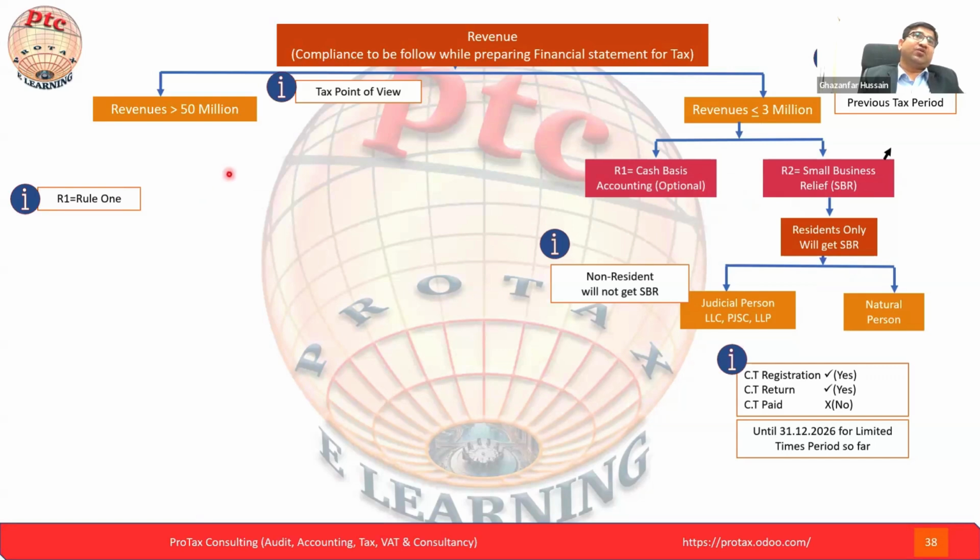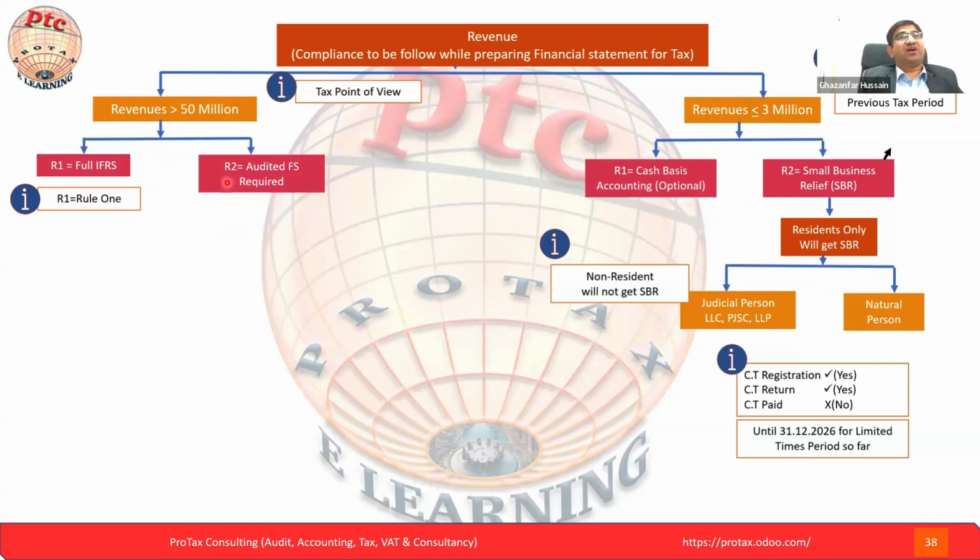Now if our revenue is greater than 50 million, what will be the impact, or what are the conditions that we have to see? If revenue is exceeding, rule number 1, we have to follow full IFRS. Rule number 2, we require the audited financial statement.